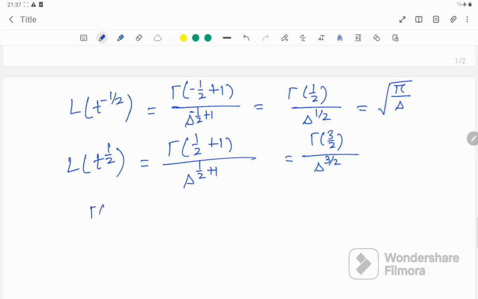And you know gamma n plus 1 is n gamma n. So this is basically gamma 1 plus half. So this is half times gamma half, that is we can write just root pi by 2, because gamma half is root pi, divided by s to the power 3 by 2.